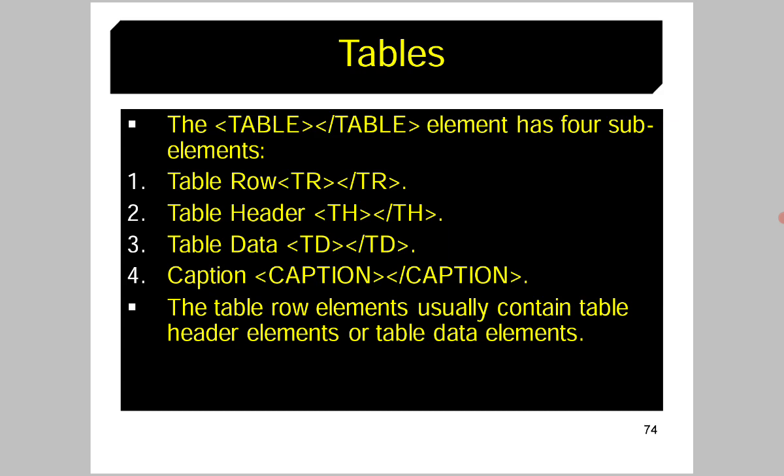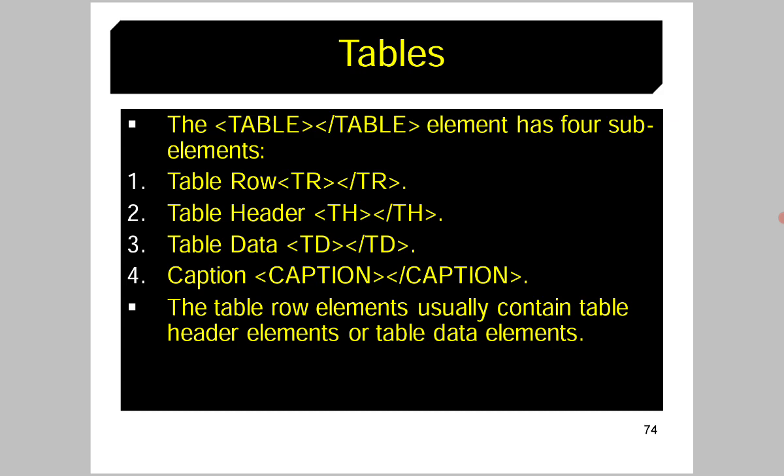Similarly, the caption tag is also available. The caption tag is another tag generally used to give a caption to a table. The table row elements usually contain table header elements or table data elements.